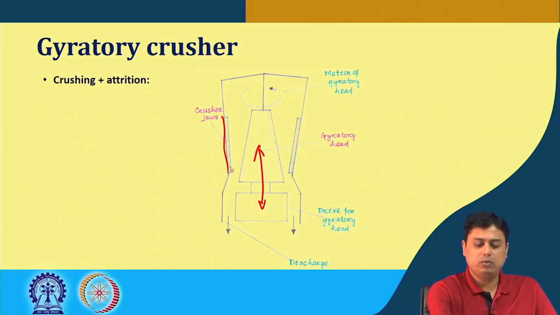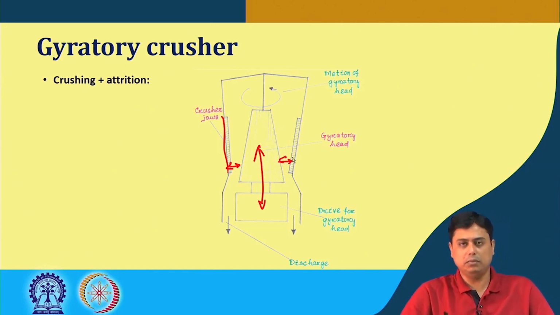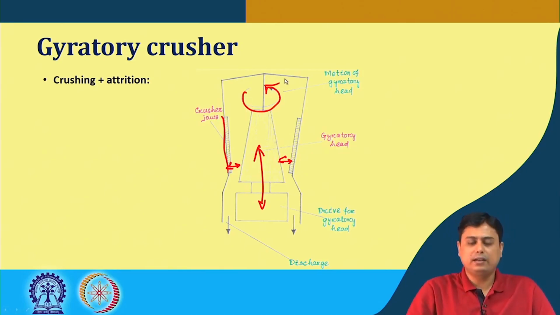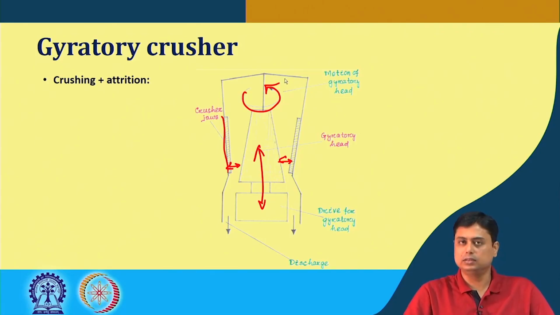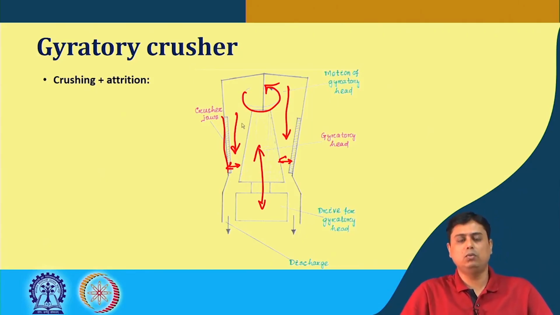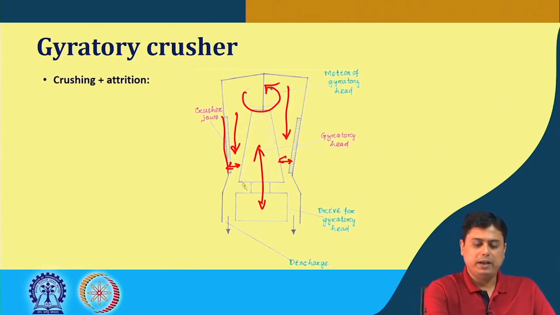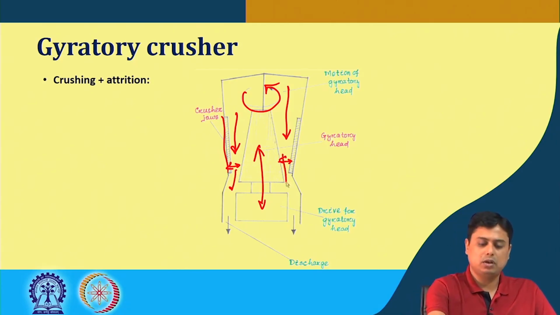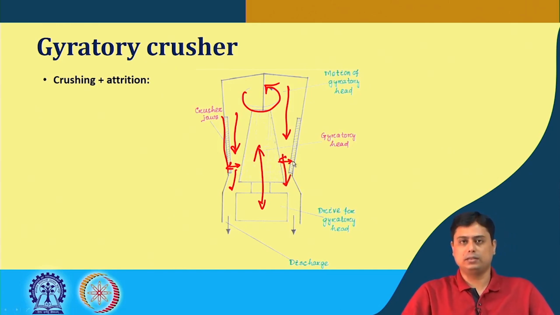By this adjustment we can adjust the gap between this static chamber and this gyratory head, which then rotates and crushes the particles. The grinding happens when the particles flow through the gap between the solid wall and the gyratory head. So, depending on this gap, we have different sizes of particles.